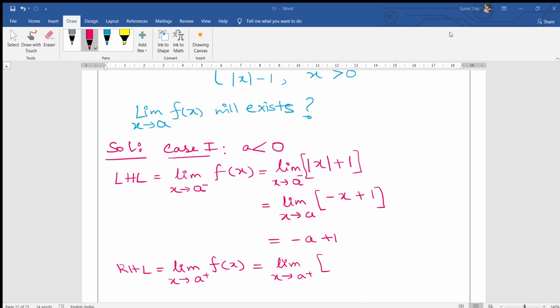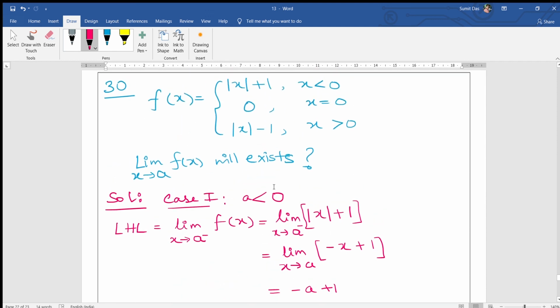Okay, everyone tried, good, but here we'll use the first one. Why? Because we already took a less than 0. A less than 0 means the negative side. That means for all of this case 1, you have to take this one. That is the trick here.